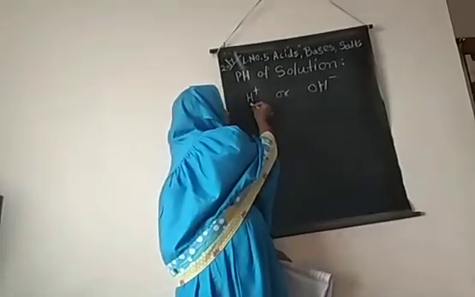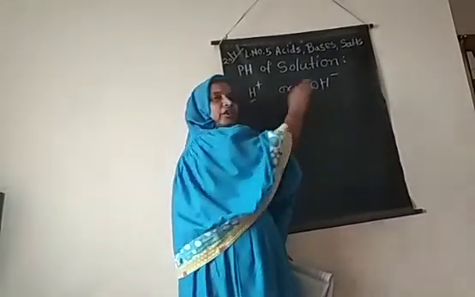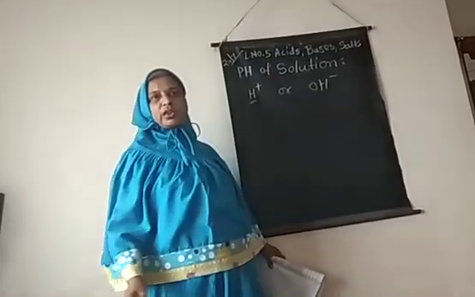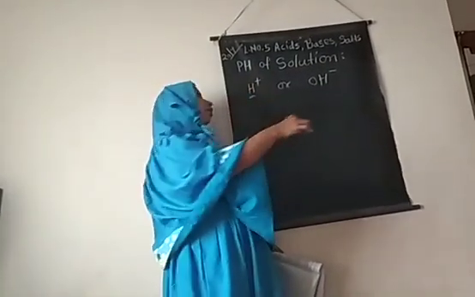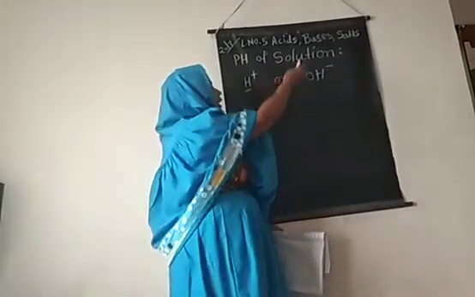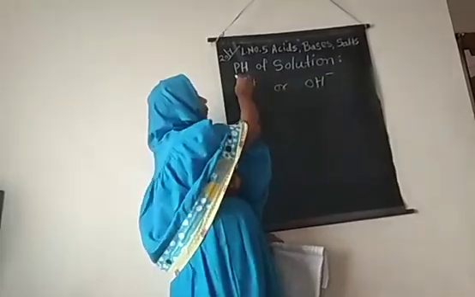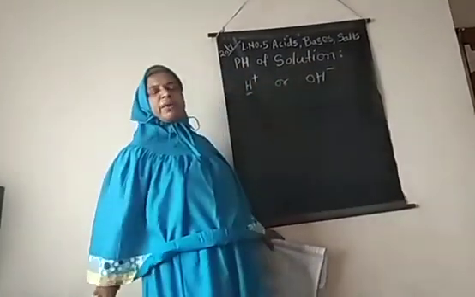If more H plus ions are dissociated, it is considered an acid. If more OH minus ions are dissociated when dissolved in water, it shows basic nature.